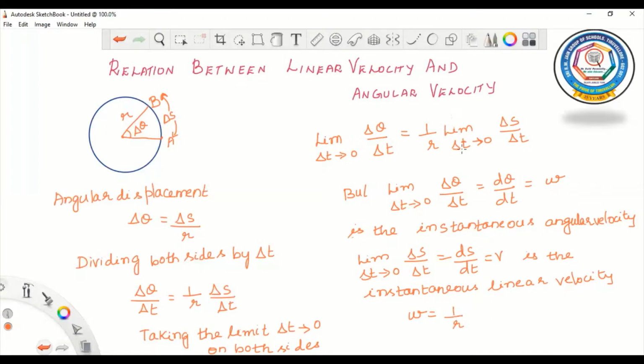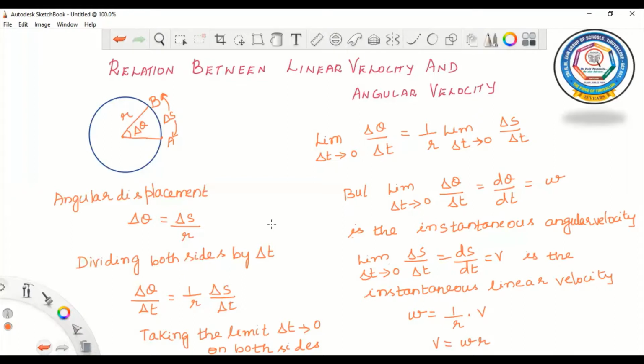Limit del t tends to 0, del s by del t is nothing but our ds by dt, that is v. So we can write v is equal to omega r. That is, linear velocity is equal to angular velocity into radius.